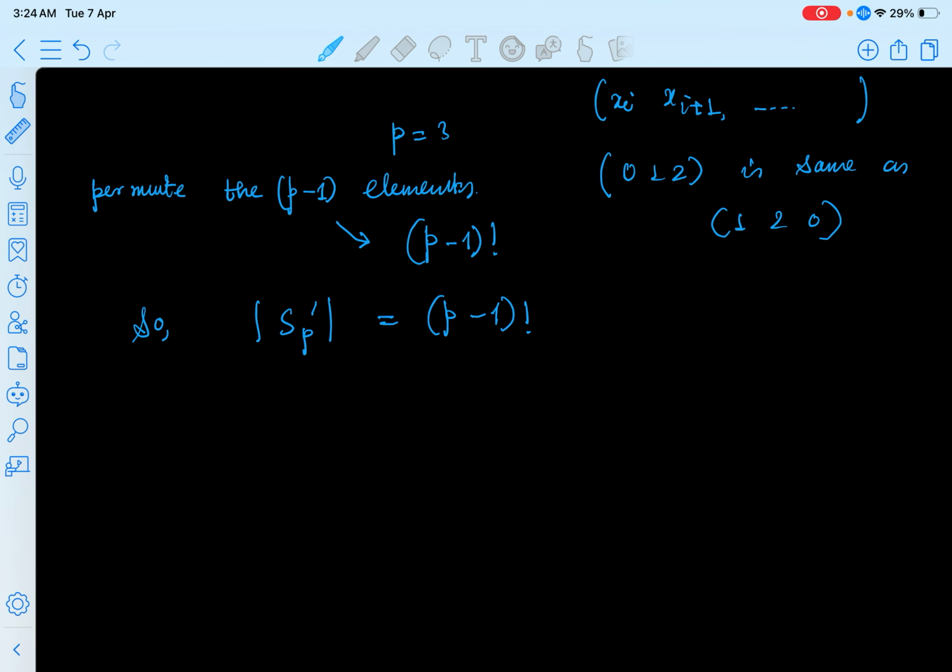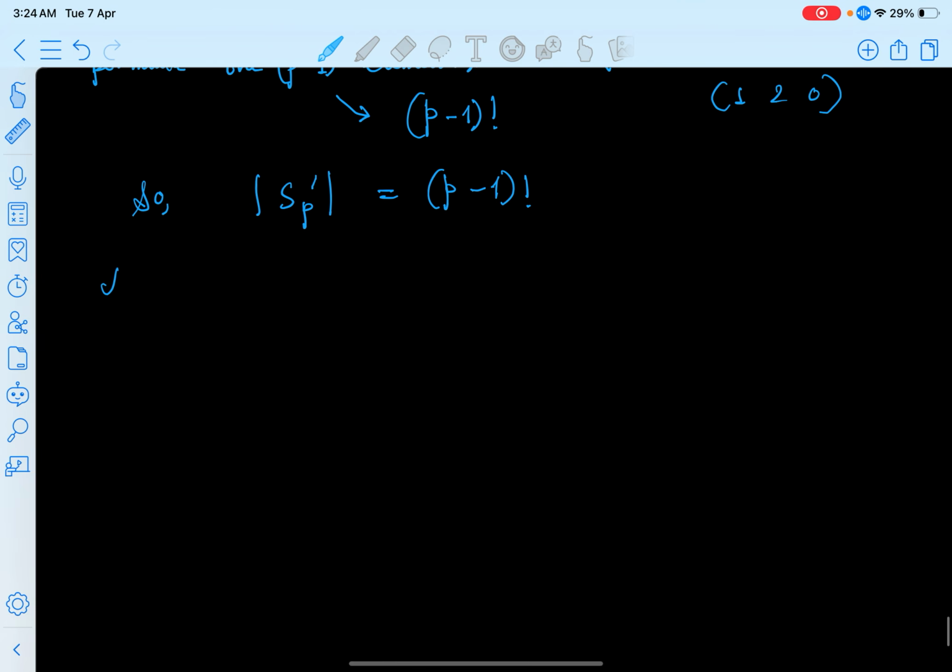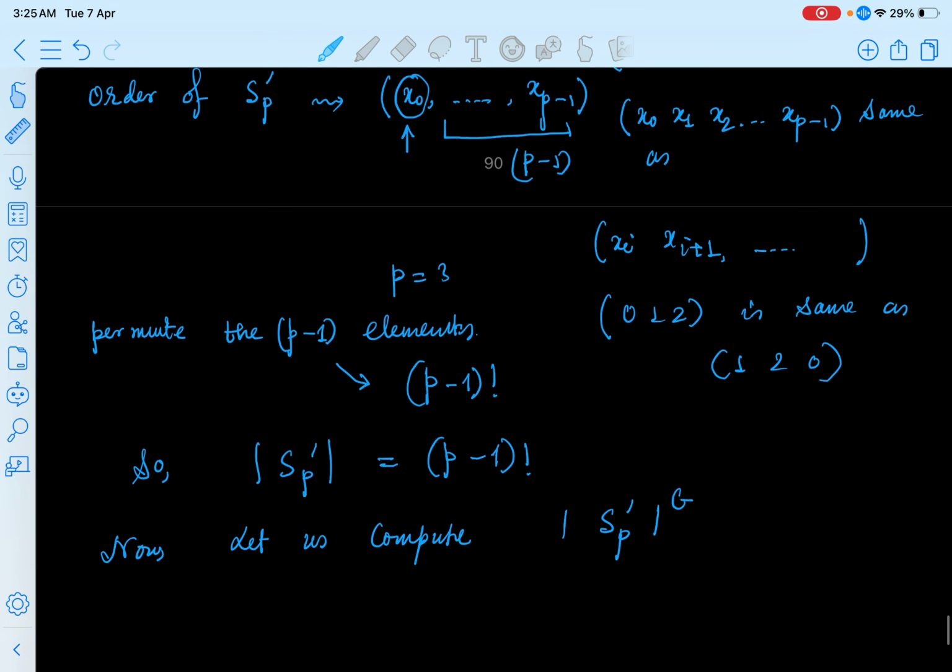Now let us compute the order of Sp prime G, which we denote as the number of fixed points of this action.